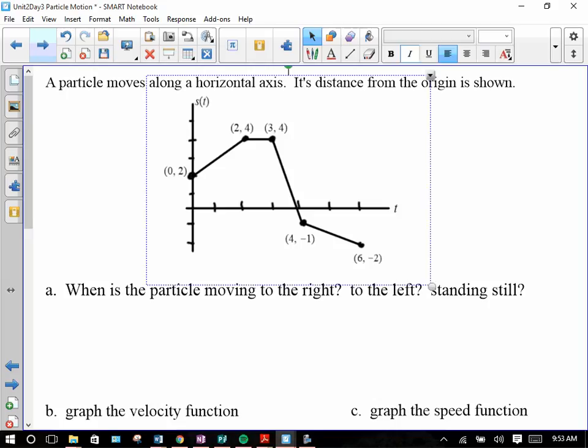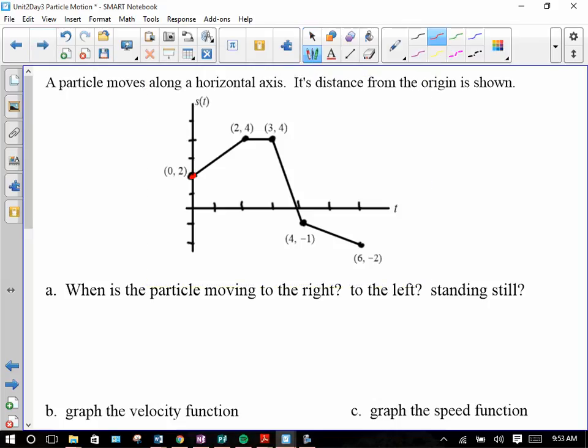From 0 to 2, we have a positive slope. That means it's moving to the right. From 2 to 3, the function has a slope of 0, which means the particle is at rest.